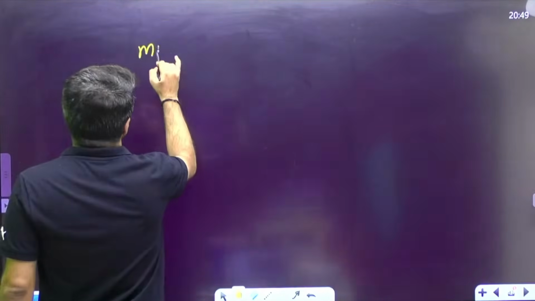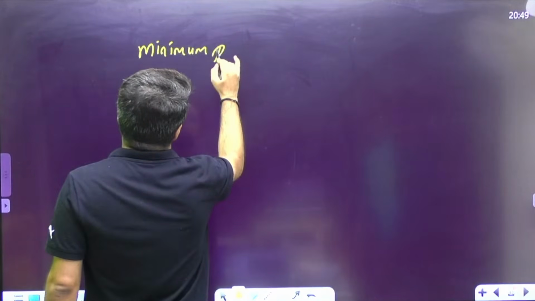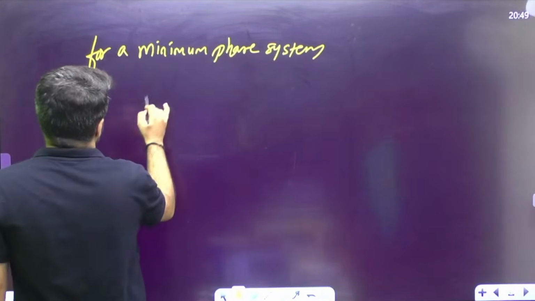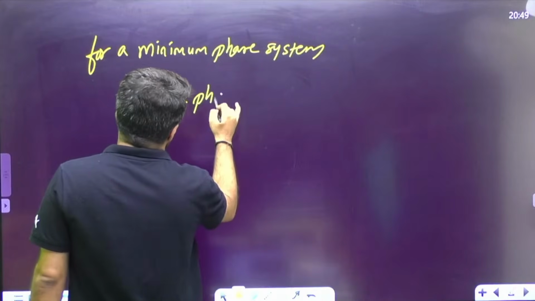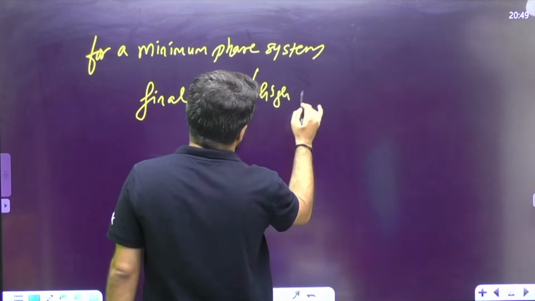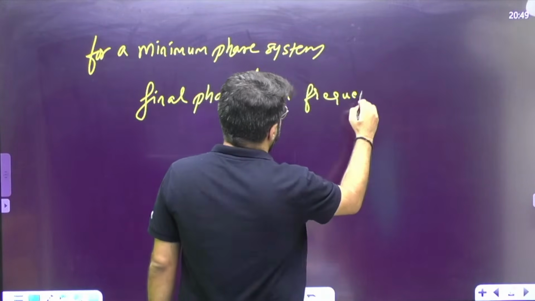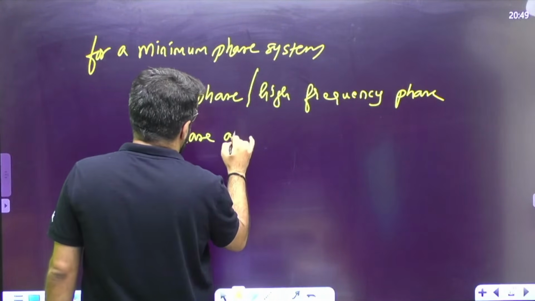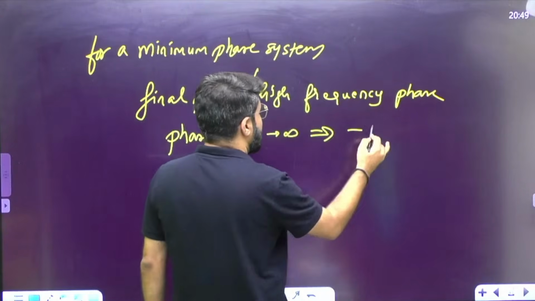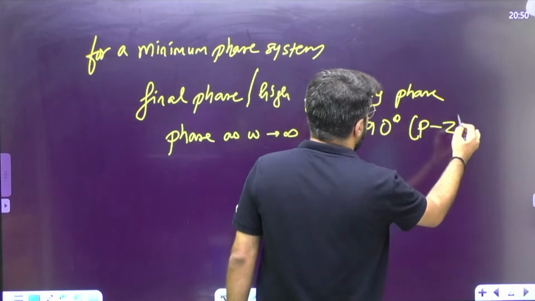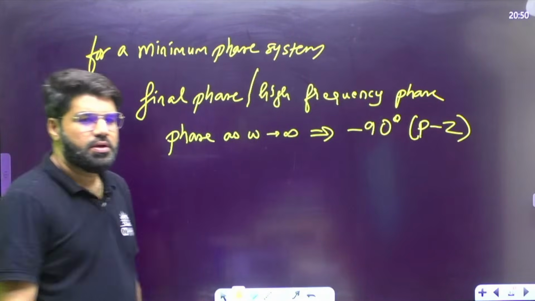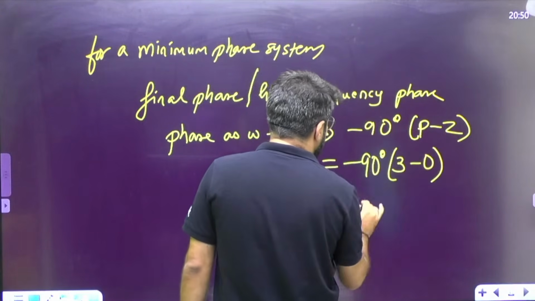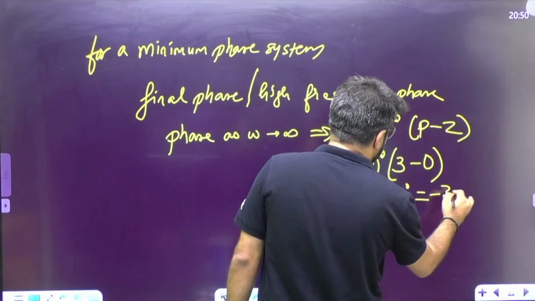Because the system is mentioned as a minimum phase system, for a minimum phase system the final phase, or the high frequency phase, or the phase as omega tends to infinity, is given by minus 90 degrees into the number of open loop poles minus open loop zeros. This is the point to be used. That is minus 90 into 3 poles and no zeros, so that is minus 270 or minus 3 pi by 2.